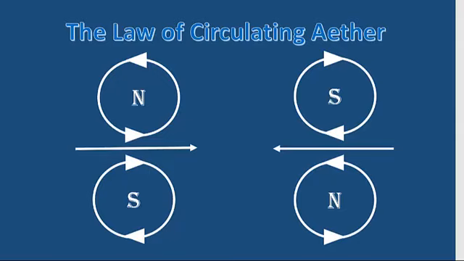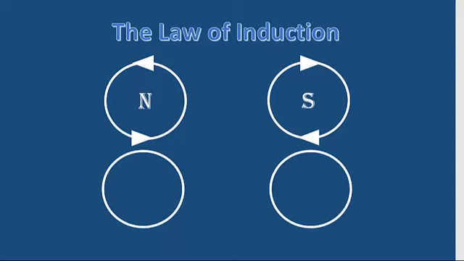Okay. And I'm just going to talk a little bit about induction, because I get a lot of questions about, well, why do magnets cause iron filings to always attract? Okay, so this can be easily explained when you talk about it in terms of circulation.